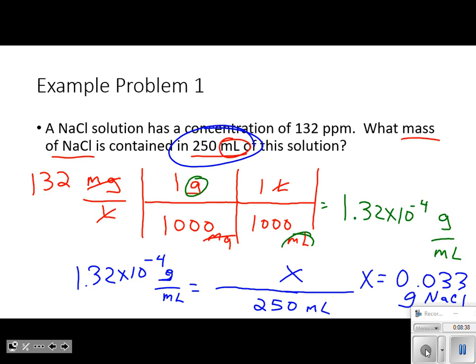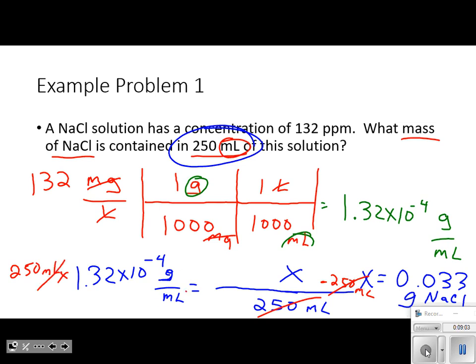Well, I took the 1.32 times 10 to the negative 4th, and I multiplied that by 250. Okay, so I multiply both sides. So that cancels. Multiply this side by 250 ml.